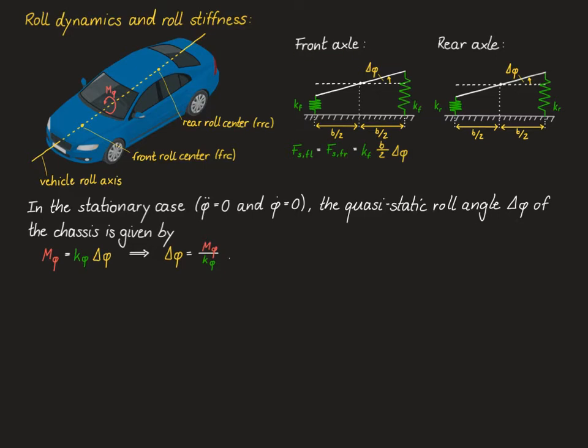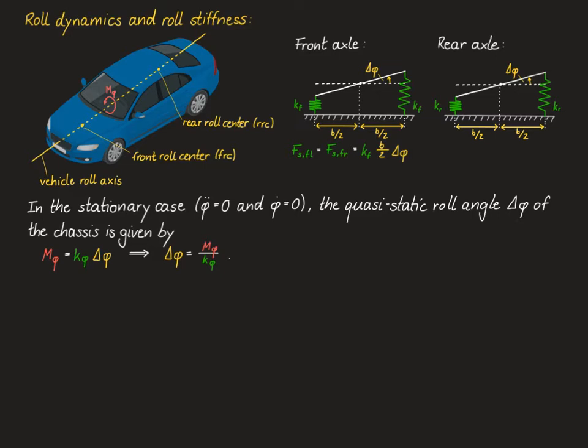In the stationary case, due to the moment M phi, the left suspension will be compressed and the right suspension will be extended. Since the vehicle roll axis passes through the middle of the vehicle, the distance from the pivot point of the front axle to the left and to the right is the same, and it's equal to half of the track width b.